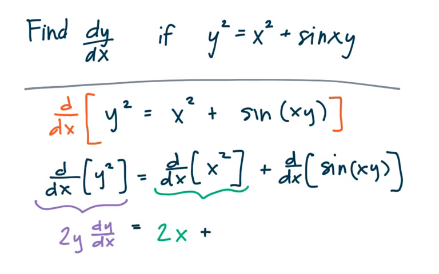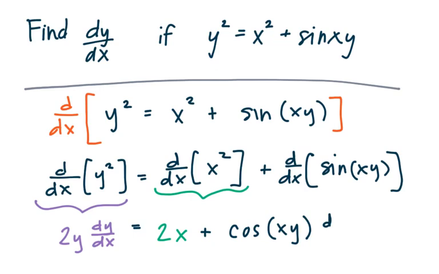All right, now we need to take the derivative of sine xy. And looking at this, we're going to have to use the chain rule. So the derivative of sine, as we all know, is cosine. So I've got the cosine of xy.